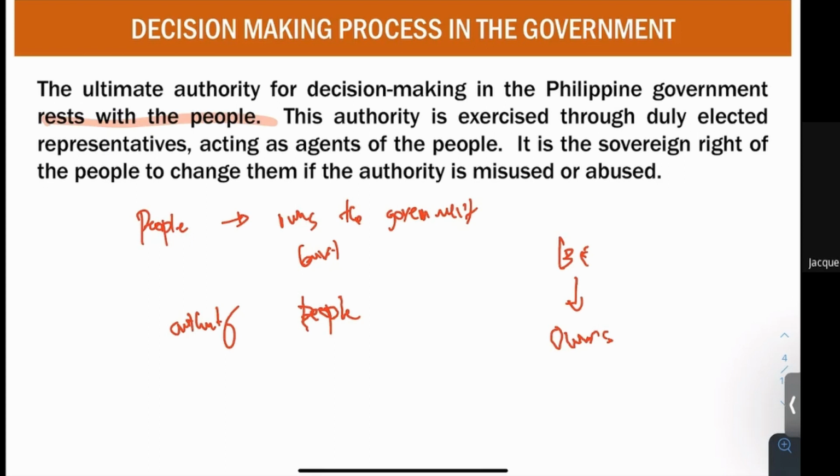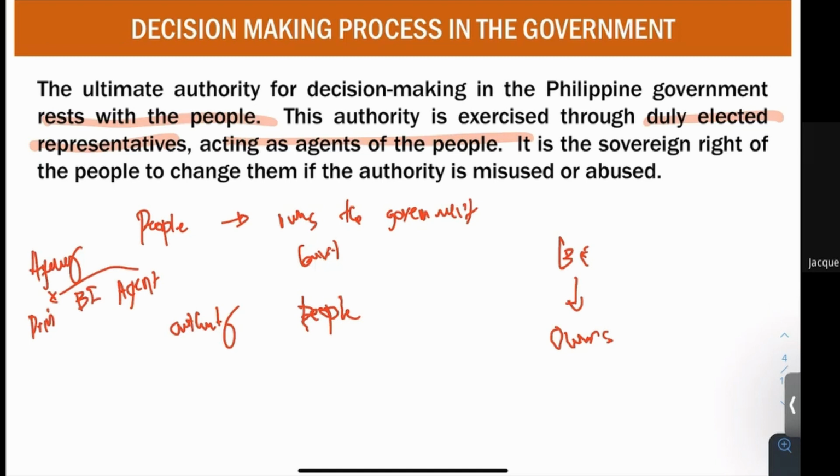But under this context, we say that the decision and anything that those who are in power must do is for the people. So this authority is exercised through duly elected representatives acting as agents of the people. If you remember your agency, we have your principal and your agent. And remember, the agent must act for the best interest of the principal.